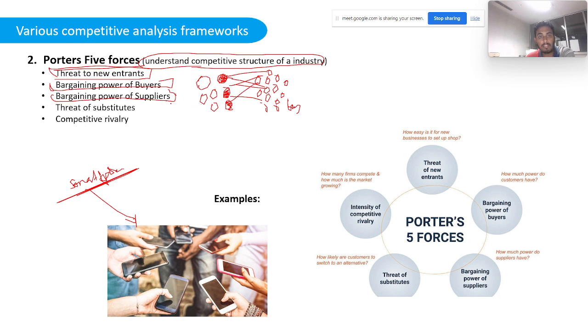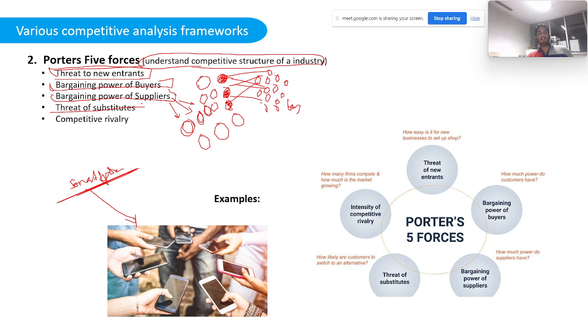That means you need to see how many suppliers there are. If you are a supplier and there are fewer suppliers, you will have more bargaining power. But if you are not a supplier, but you get supplies of components from other suppliers, then again, if there are few suppliers, you will not have the supplying power.